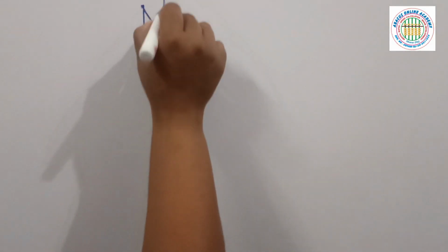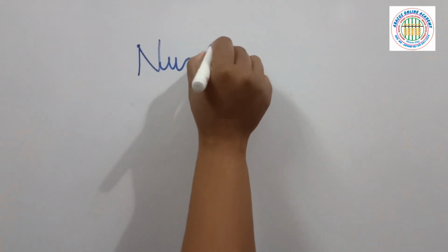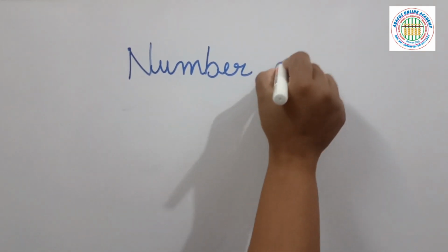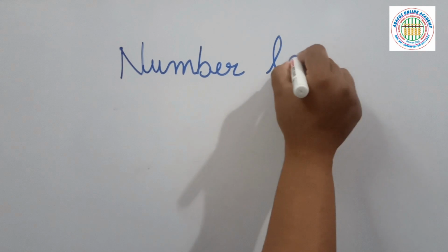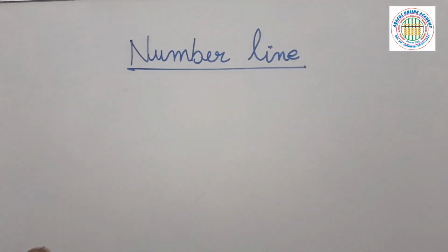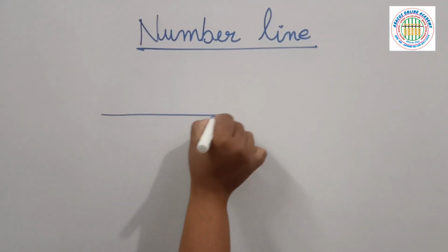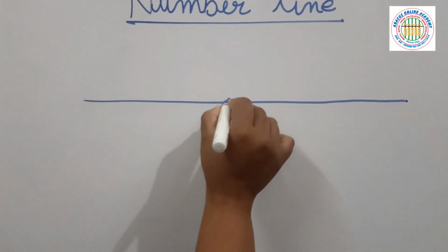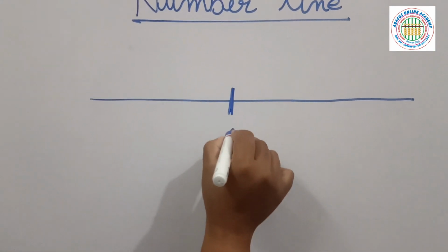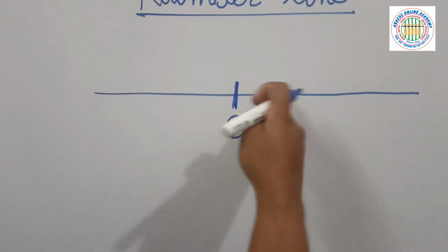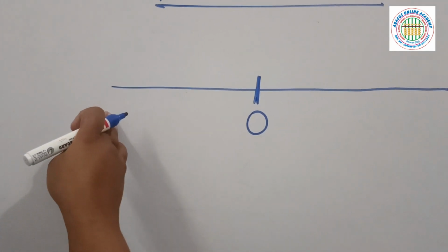Next one, let's see what is a number line and how do we plot or spot the numbers in the number line. So this is a straight line here, and here comes your 0. This is towards your right and this is towards your left.